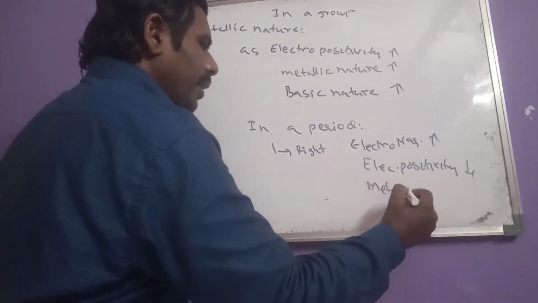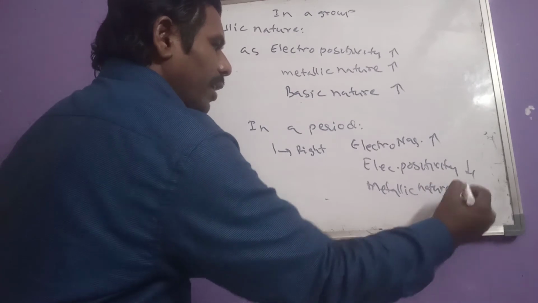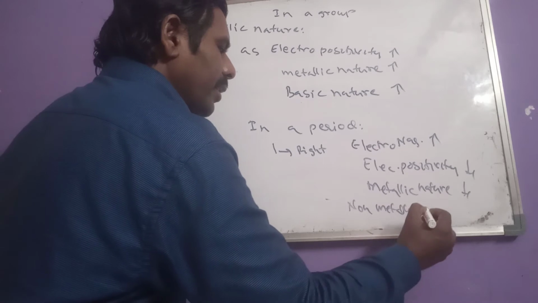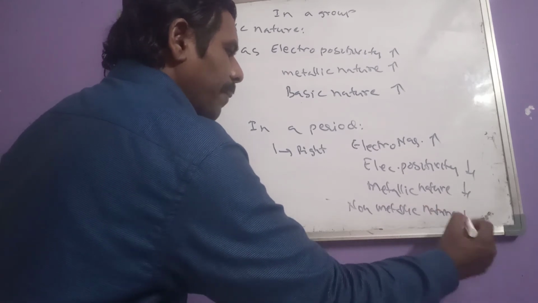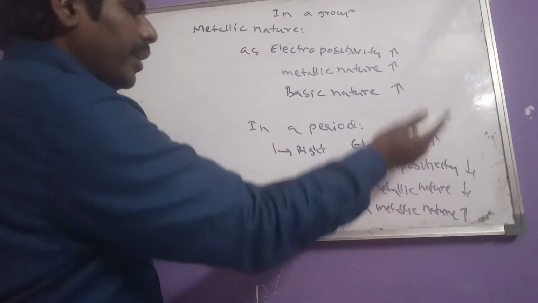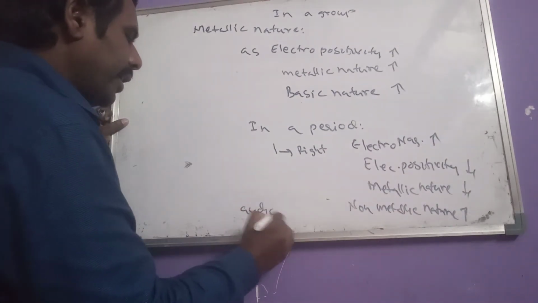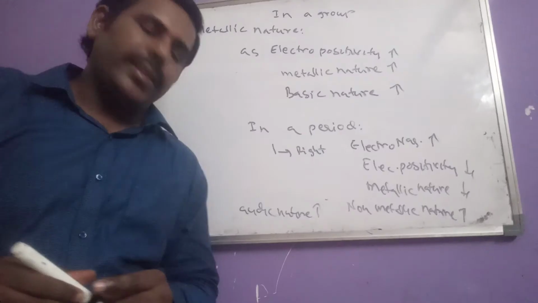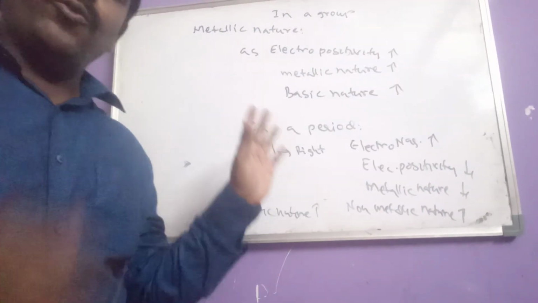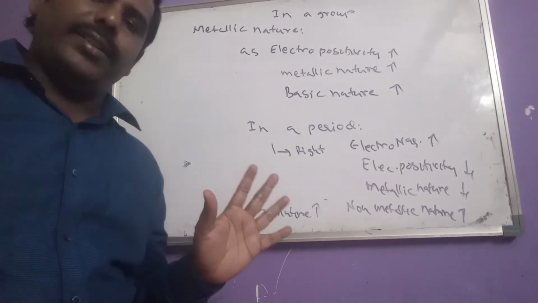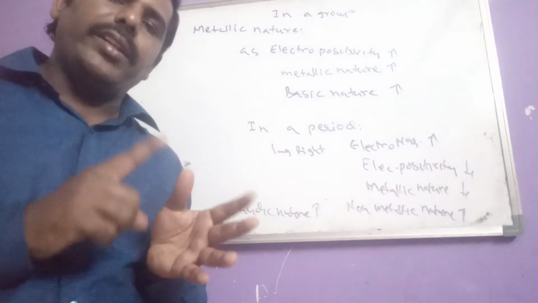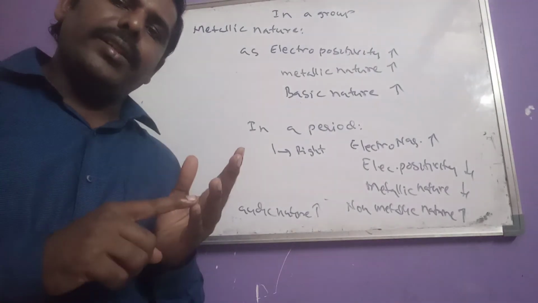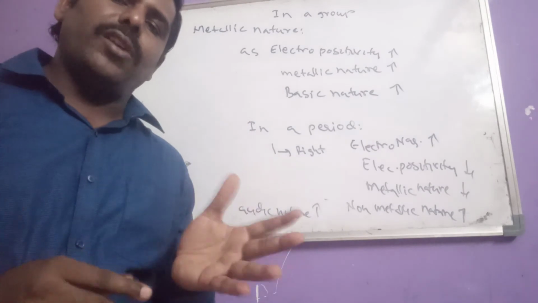So metallic nature decreases, and non-metallic nature increases. If non-metallic nature increases, acidic nature increases from left to right in a period. So in this topic we have to concentrate on all these facts: electronegativity, electropositivity, metallic nature, non-metallic nature, acidic nature of oxides, and basic nature of oxides.